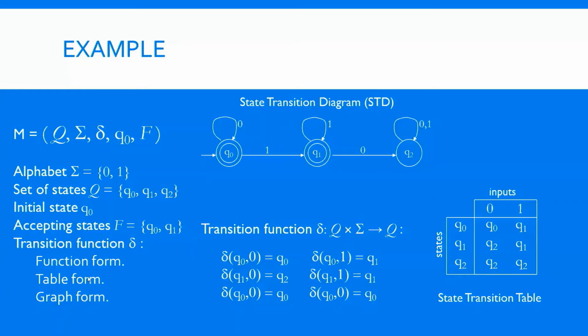This is called function form, the original mathematics f of x y equal to z. The function in mathematics, or this form is also useful for writing your program. If you want to implement this particular logic, then this code will be helpful.